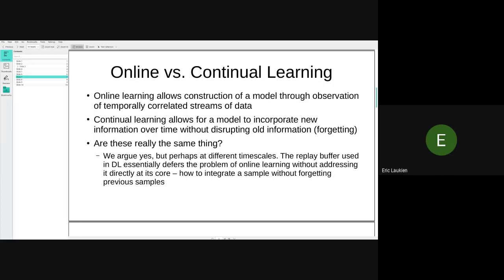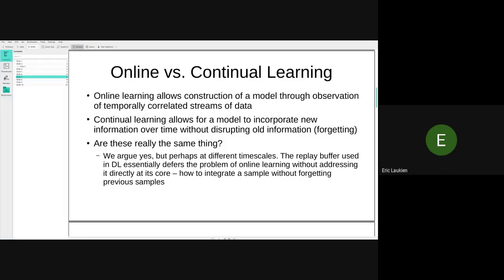A question I was thinking about was, what is the difference between online and continual learning? Online learning is when you get an observation and integrate it with your existing data without breaking anything, while continual learning is when you incorporate more information in general without disrupting. I think the difference is not very large. Rather, online learning is at a lower time scale: it's one sample at a time.